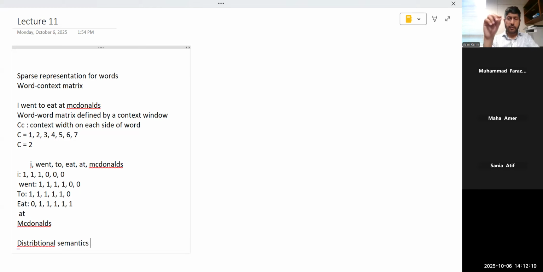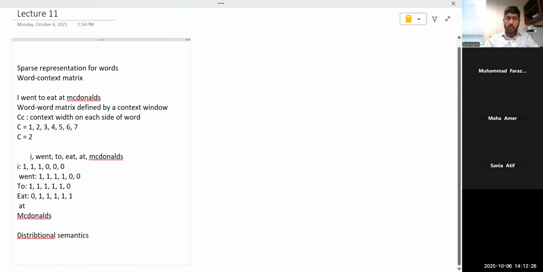Okay? Of course, as I said, this was a small example. If you have a huge corpus, then for example, let me take two words. Cherry is a fruit. By the way, cherry is also a car, but with a double R, cherry is the fruit. So let's say this is my actual word.